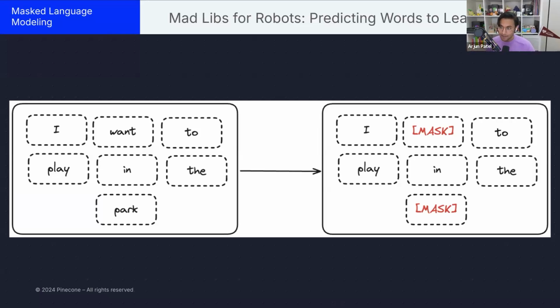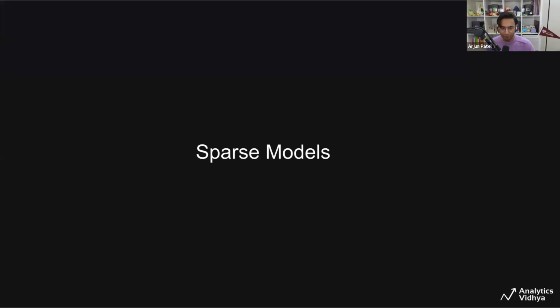And as a consequence, it will learn really good intermediate representations of what each of those tokens are supposed to be, which we can use as a proxy for their meaning. So by operating on this task, we're able to create token level embeddings, which we can use as a proxy for what those words mean. And then we can start to do math on those words.